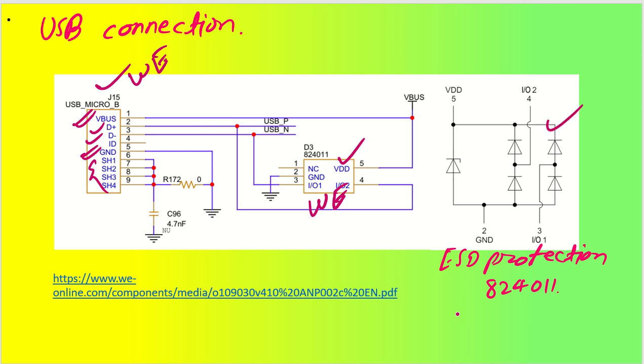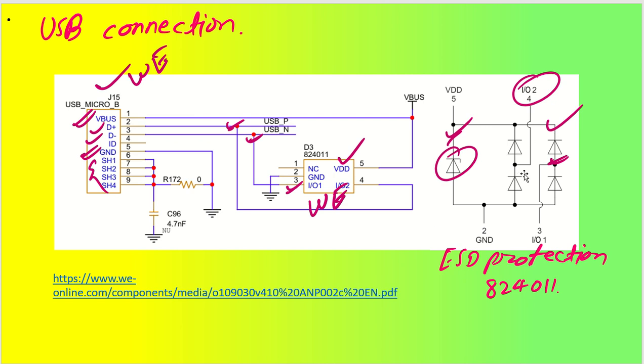So what is happening is IO2, that is pin number 4, is connected to USB positive, and IO1 is connected to USB negative, that is pin number 3, okay. And V bus is also protected through this particular unidirectional ESD diode.